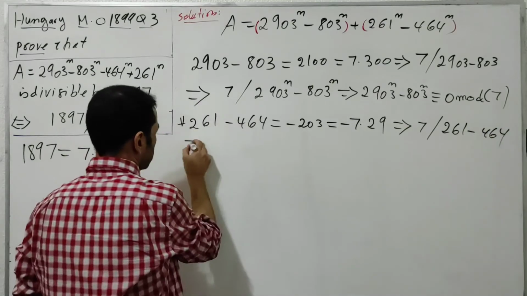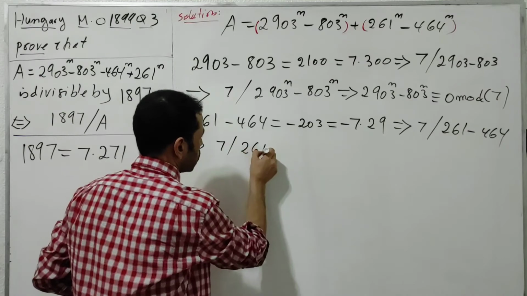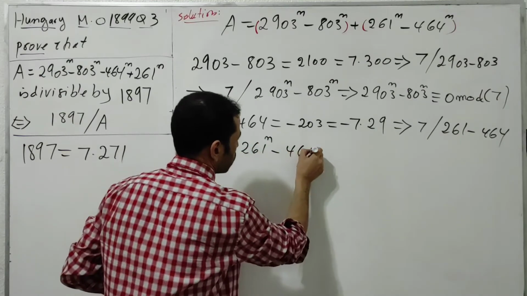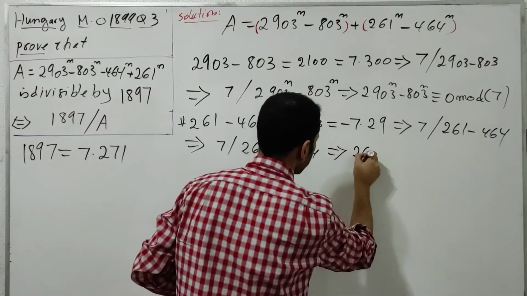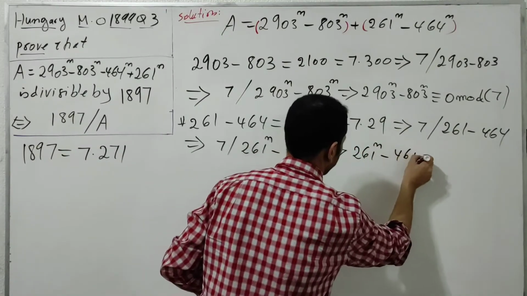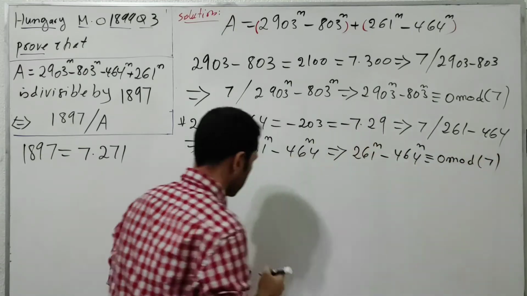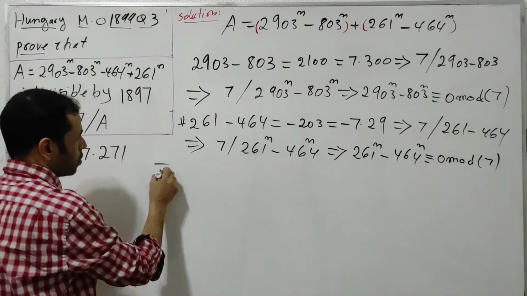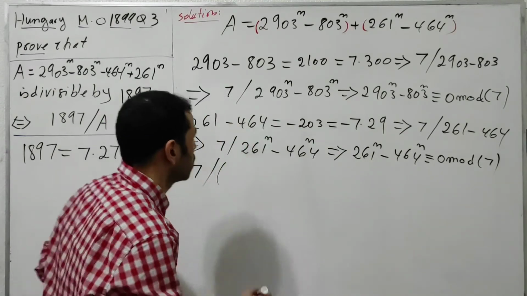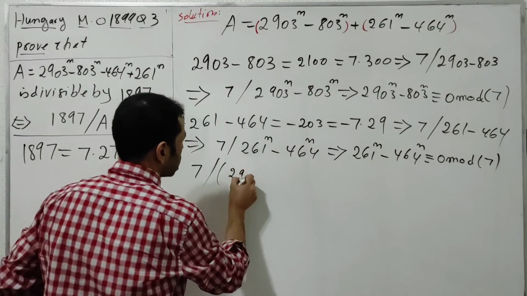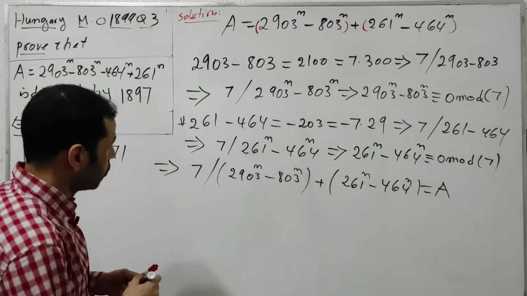This is telling us 7 divides 261 to the n minus 464 to the n, which implies 261 to the n minus 464 to the n is congruent to 0 mod 7. So thus 7 divides the sum of these terms. So I have 7 divides capital A. Now this is one side.